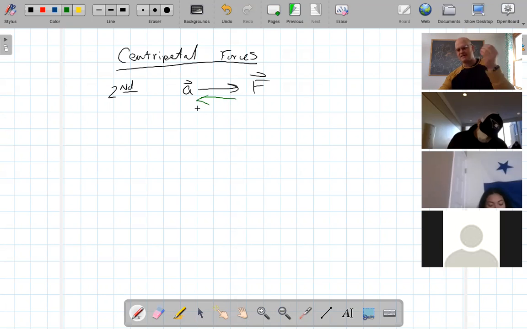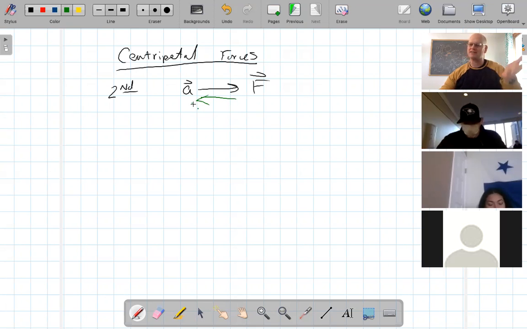Anytime my system accelerates, there has to be at least one force in the direction of that acceleration causing the system to accelerate. I say at least one force because I could have multiple forces, just one of them is bigger, so it goes in the direction of the overall net force.